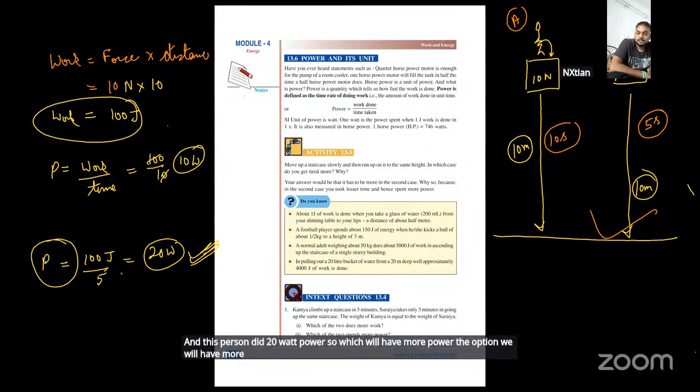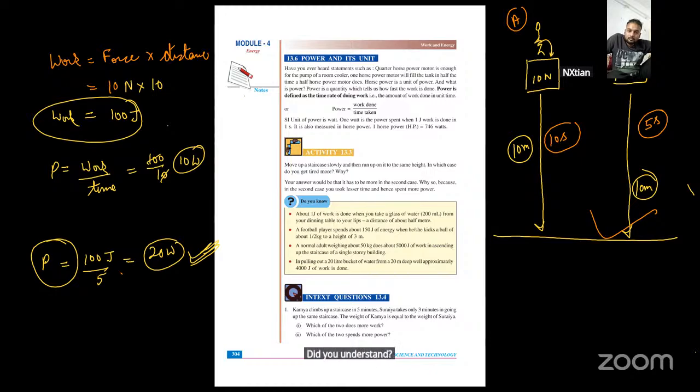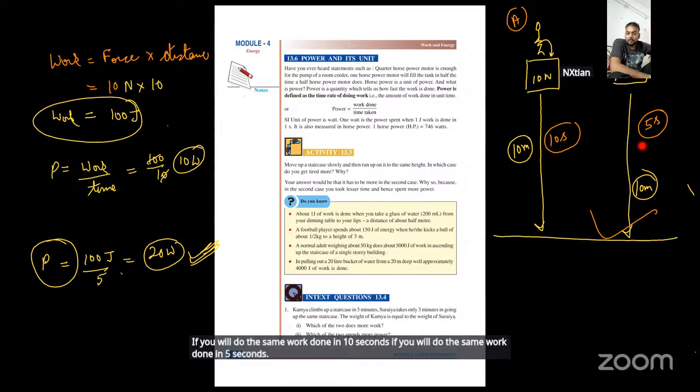Did you understand, guys? Yes or no? Joshua, Jehovan, Jashron, did you understand? Sir, can you repeat again? See, power is defined as the work done in a given time. If you do the same work in 10 seconds and in 5 seconds, which will have more power?